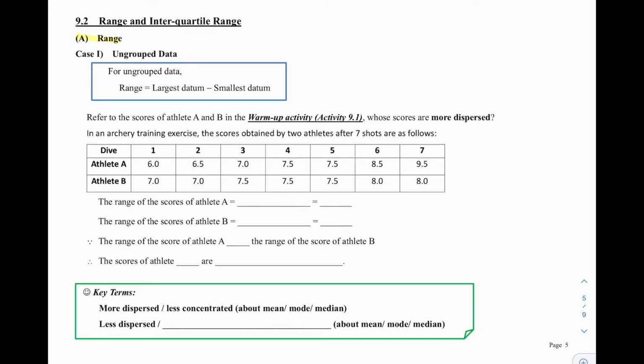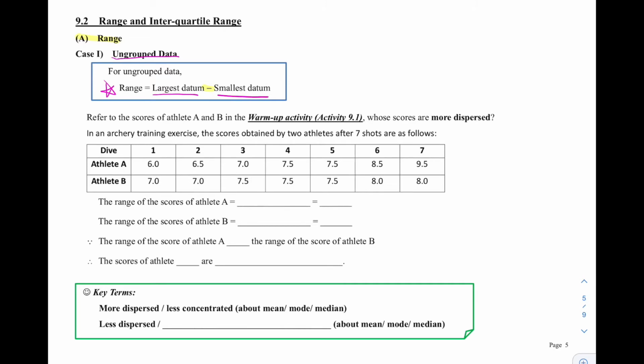Here we have a special meaning in statistics. For range, if we want to find the range for case 1, ungrouped data, it is very easy. Just find the largest datum and then subtract the smallest datum.